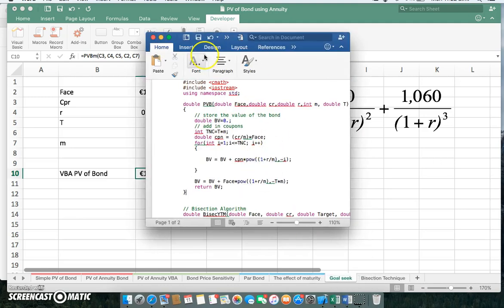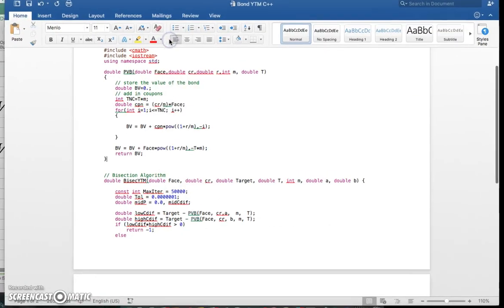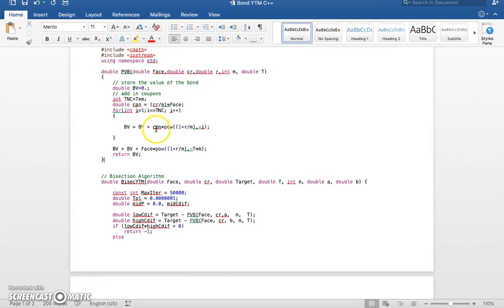So we initialize this bond process by saying BV is 0, and then we add on the coupon, and this is the function for the power, and I is the time scale.